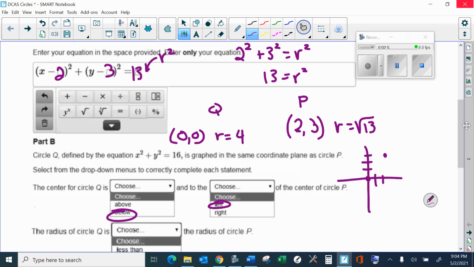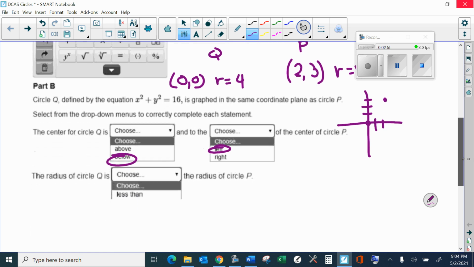Below and to the left. The radius of Q, square root of 16, is greater than the radius of circle P, square root of 13. So it'll be greater than circle P.